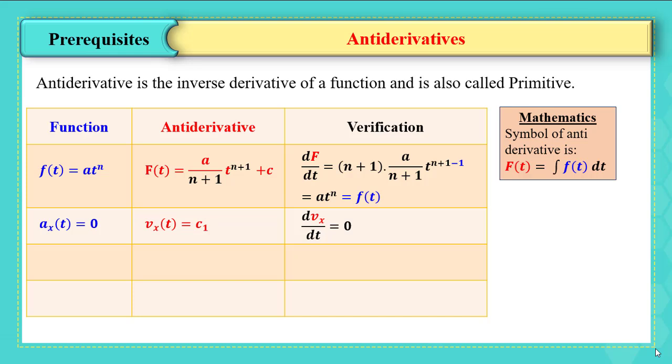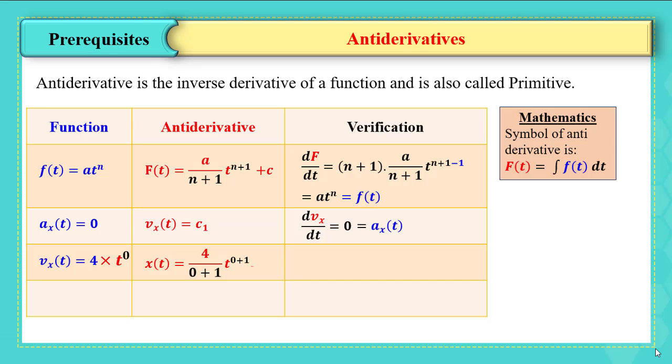Now, what if the function is vx equals 4, which is constant? If we want to follow the general antiderivative rule, this function means that it is 4 times t exponent 0. Placing n by 0 in the first antiderivative rule, we get the antiderivative as x of t equals 4 times t exponent 0 plus 1 over 0 plus 1, plus c2.